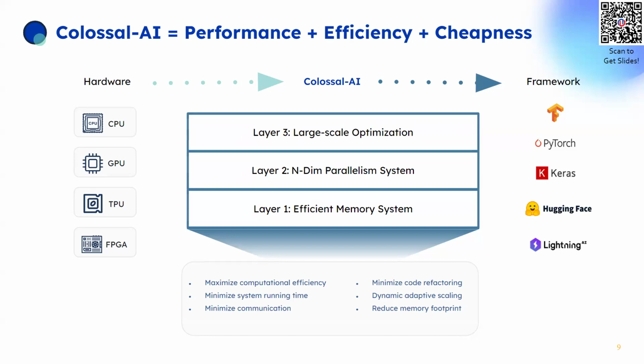We know for the H100 GPU, one GPU only has 80 GB of memory. That's crazy. We need 3 TB of memory just to load the training job, but a single H100 GPU only has 80 GB. That's why we care about the efficient memory system.